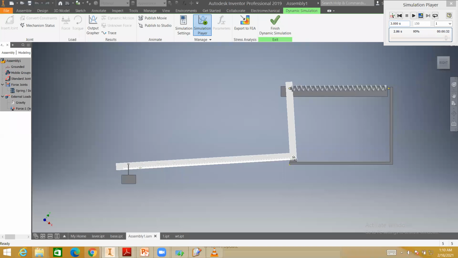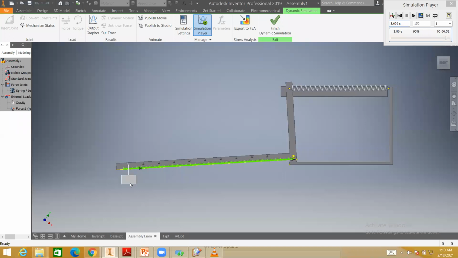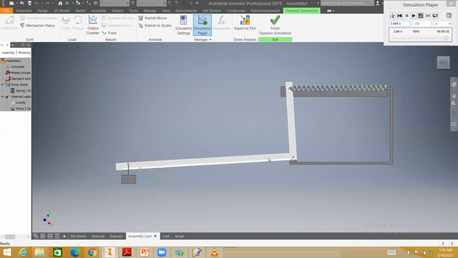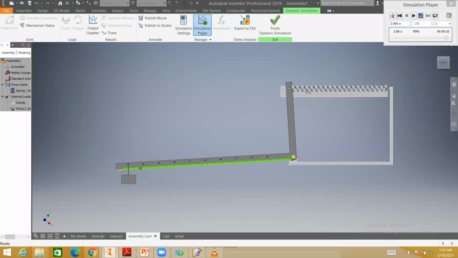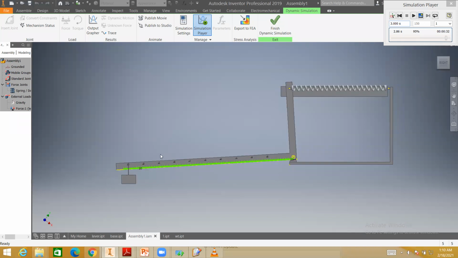This moment will be the weight W into the perpendicular distance, that is X. So this is an anti-clockwise moment. In order to maintain the original equilibrium, we need to create a tension force that will counter the anti-clockwise moment.